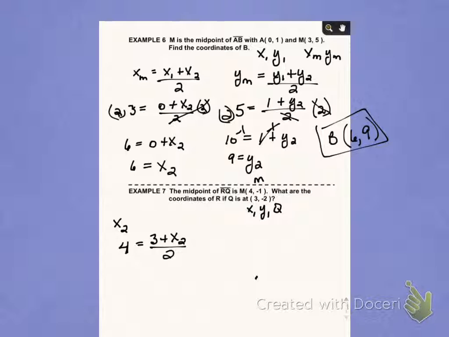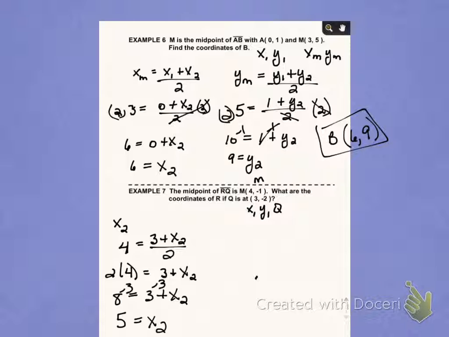When I multiply by 2 on both sides, you have 2 times 4 equals 3 plus x2. Now I shortcut that a little bit. I didn't show that these 2's cancel out, but from previous problems, hopefully you know they do. So 8 is equal to 3 plus x2. When you subtract 3 from both sides, 5 equals x2.